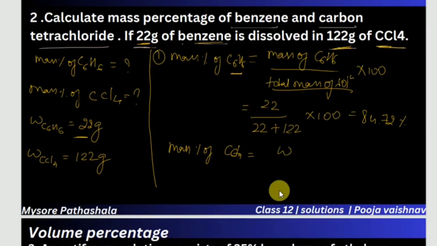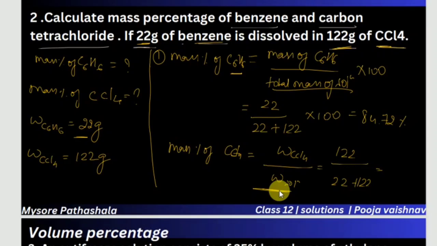Okay. Similarly, we can find out the mass percentage of CCl4. Mass of CCl4 divided by total mass of solution. The mass of CCl4 here is 122 divided by the total mass of solution, so we take the mass of solute plus the mass of solvent.